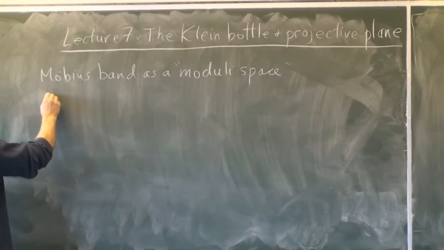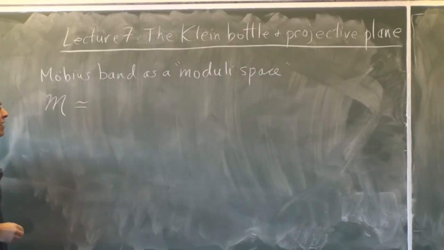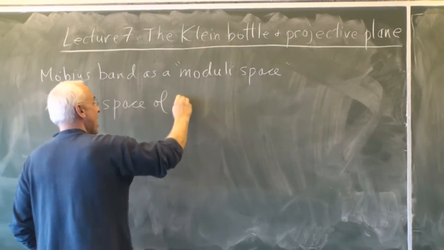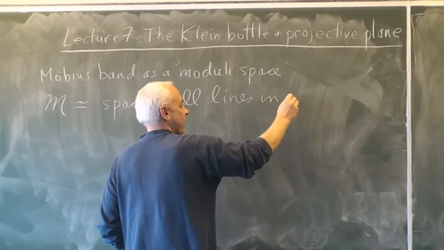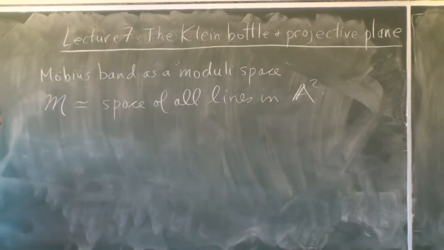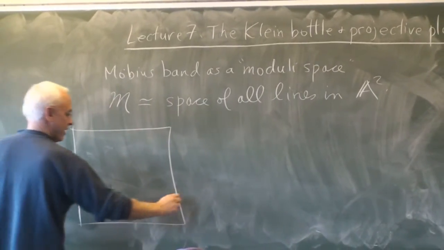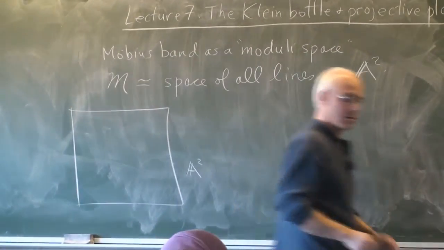So what I want to consider is, let M be the space of all lines in the plane. So we take our usual plane, A2, and we're considering all the lines in the plane.